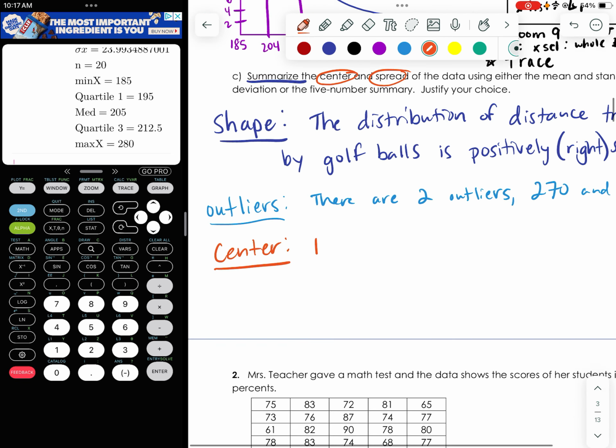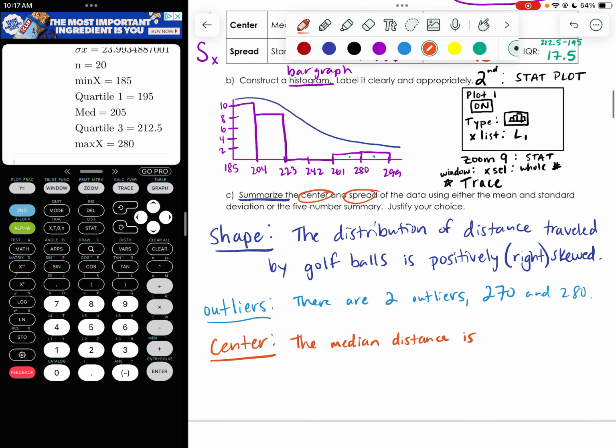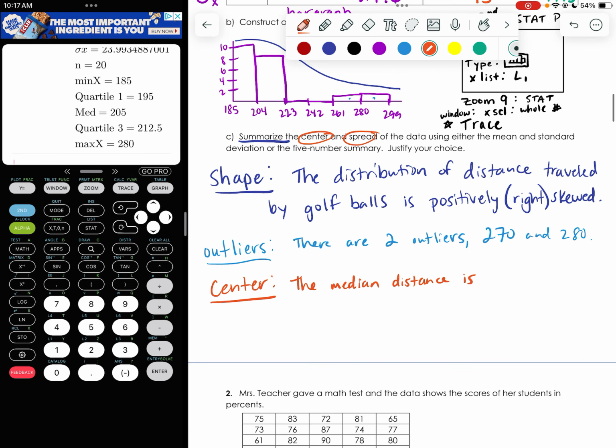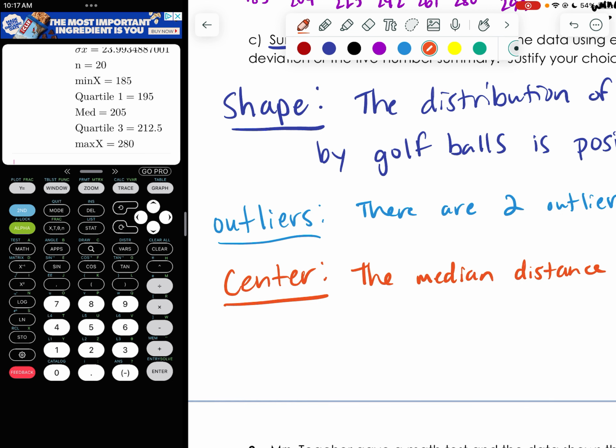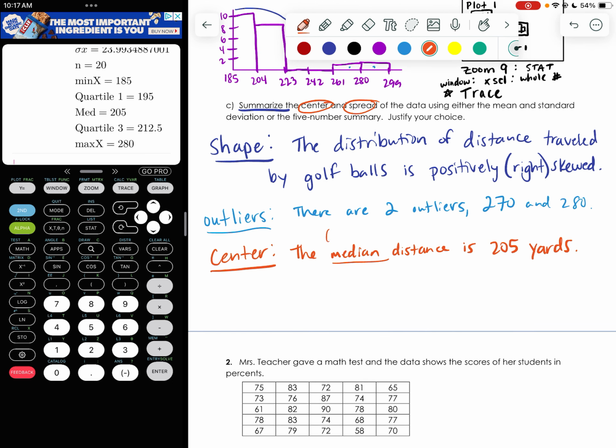So center, I'm going to say the median distance is what we found on our calculator, which was 205. Okay, so center is either mean or median. Since this was skewed, we're going to use the median. I'm just going to write that here, because skewed. That's just a side note.